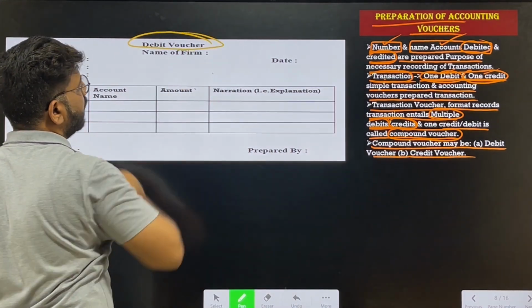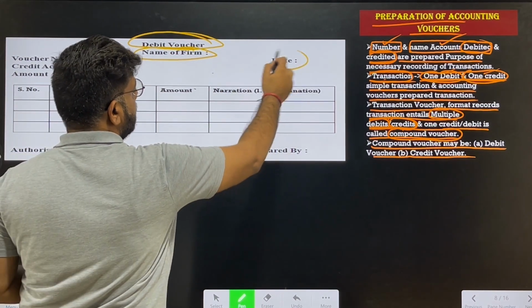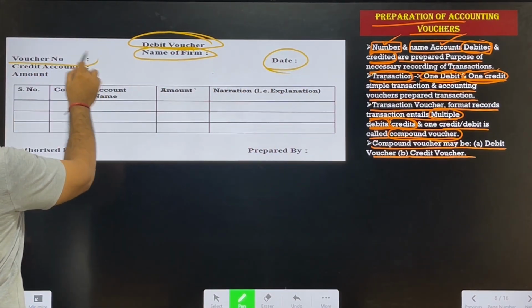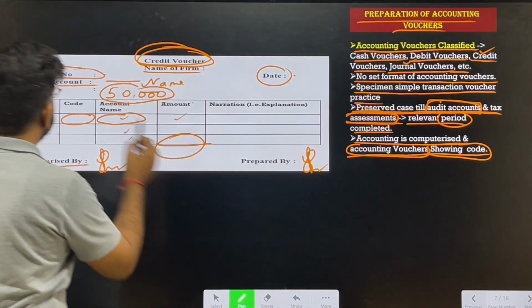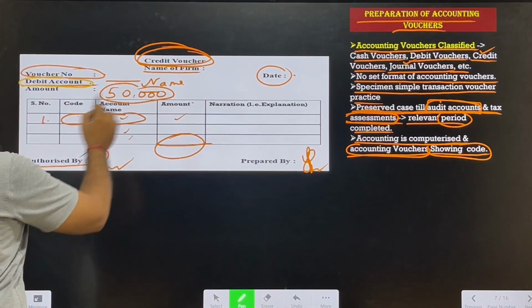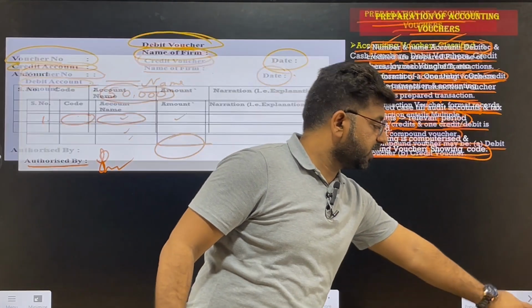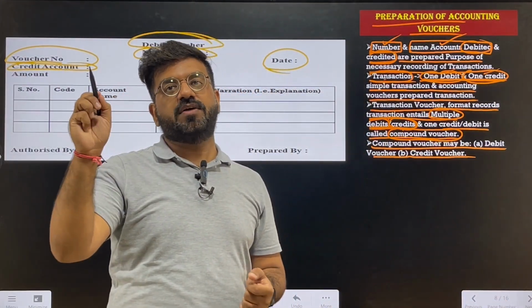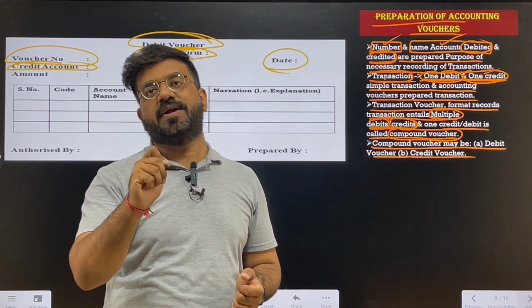There is a debit voucher, the name of the voucher, the name of the firm, date, voucher number, credit account. Earlier it had debit account because it was a credit voucher. Now this time it is just the opposite. Whichever voucher it is, suppose it's a debit voucher, the credit account should be mentioned.